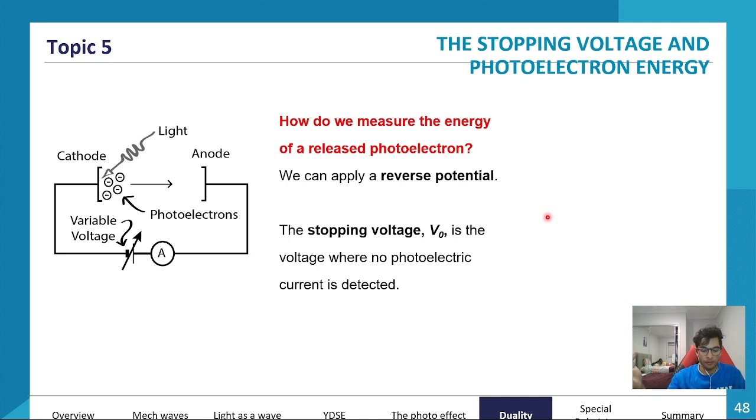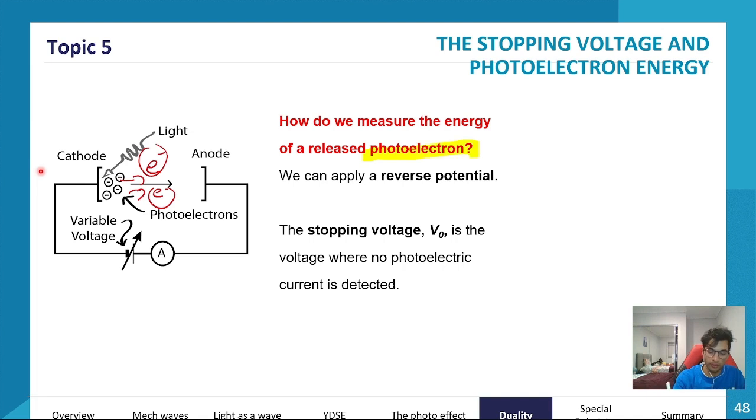So when the light was shone onto the metal, electrons were getting ejected. You can imagine we have electrons here, and all of these electrons are getting ejected. What the scientists wanted to calculate was how much energy these electrons have. These electrons are called photoelectrons.